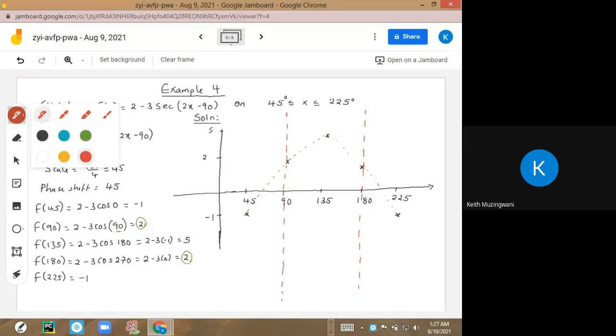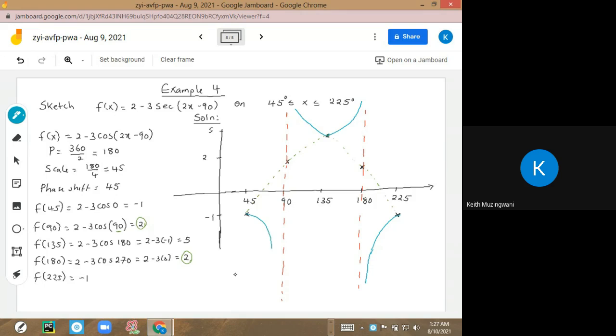And pull things up. So this one must be taken up. This one must be brought down. This one must be brought down. And this is what you call the sketch of sec.